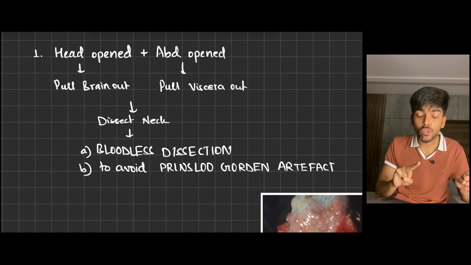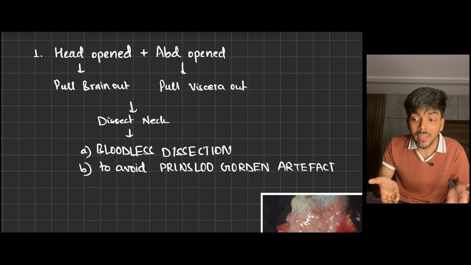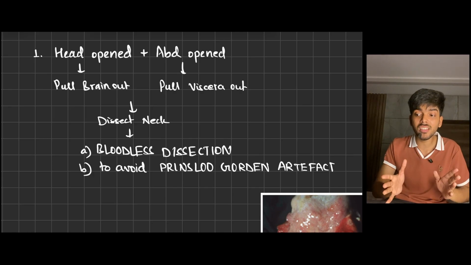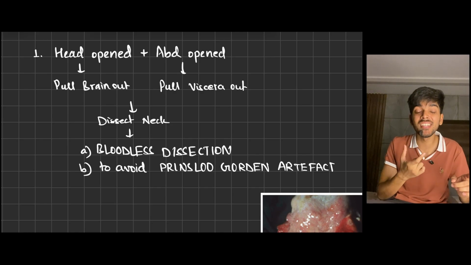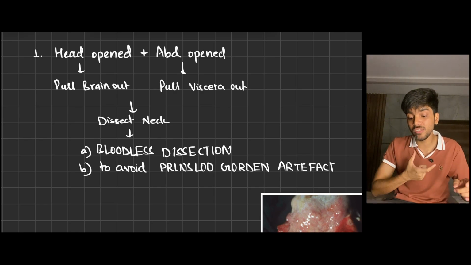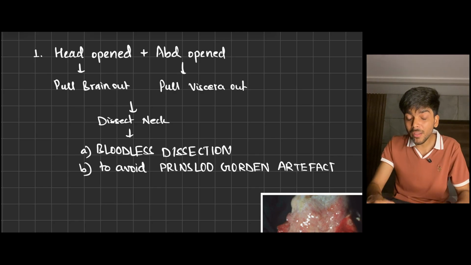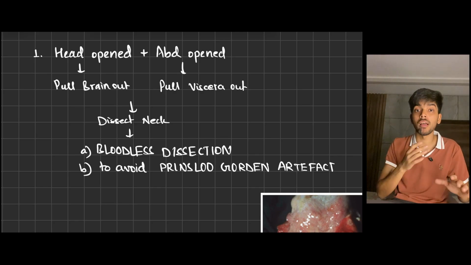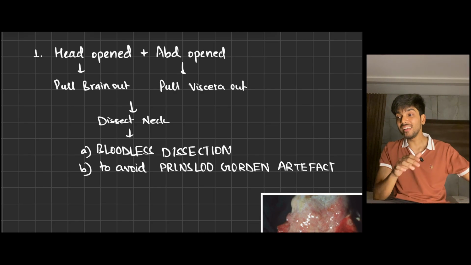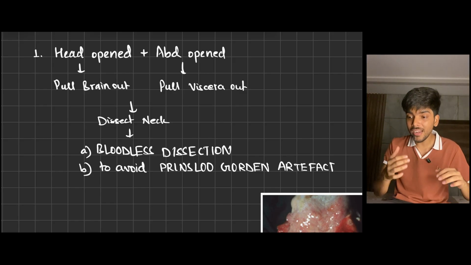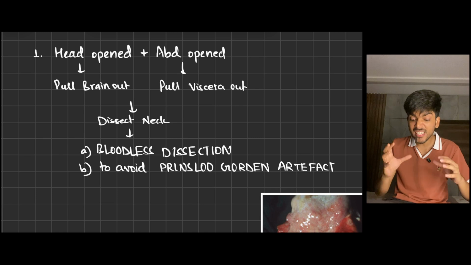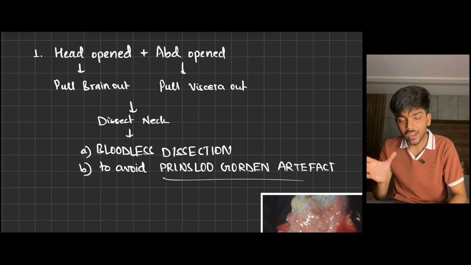But sometimes you will find such bleeding just behind the esophagus, in the posterior surface of the esophagus as well. But that, my friend, is not due to neck compression. That is just an artifact referred to as Prinsloo-Gordon artifact, and it might be mistaken for trauma. So whatever conclusion you come up with in the end might be disturbed by the Prinsloo-Gordon artifact.